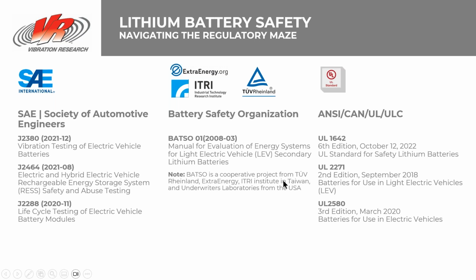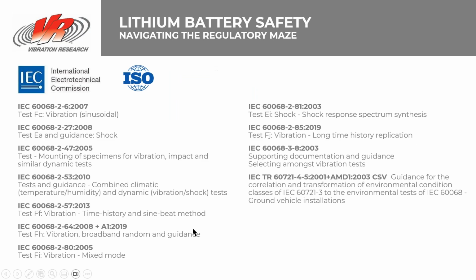This is a cooperative between TUV, Extra Energy, the ITRI in Taiwan and the UL laboratories. So that's the BATSO standard, and there are the ANSI and UL standards here as well. I'll just leave them up on the screen for a little bit in case you redo the webinar, and you can write those down.